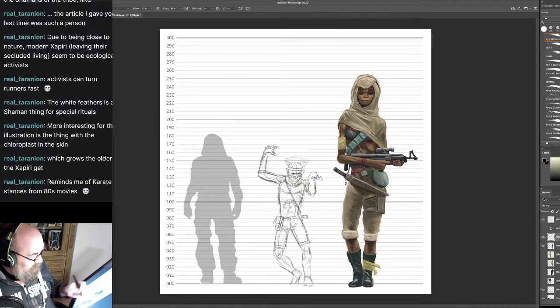I think I will have him be rather young, or a younger Xapiri. So he has less of this plant skin stuff.